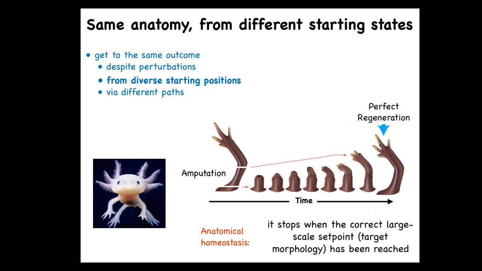That's the most amazing part of regeneration, is that it knows when to stop. When does it stop? It stops when a correct salamander limb has formed. So this is a kind of anatomical homeostasis. It's a system that can tell where it is in anatomical morphospace. This is correct, this is incorrect, and go roughly in the right direction. And when it gets there to the right region, then it stops. And so this is a critical capacity that we need to understand.